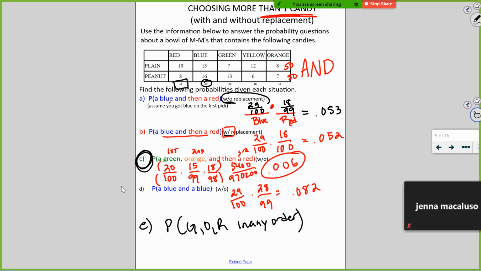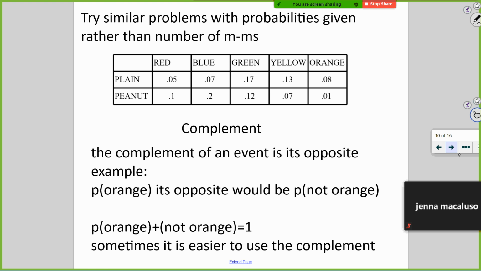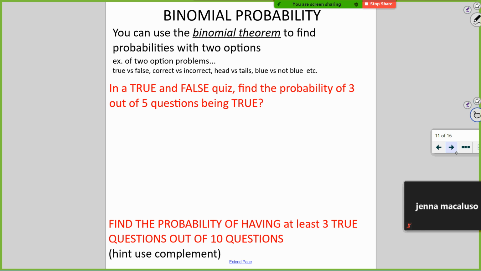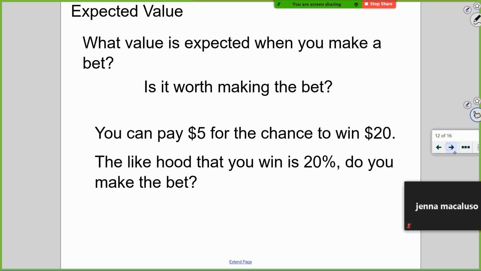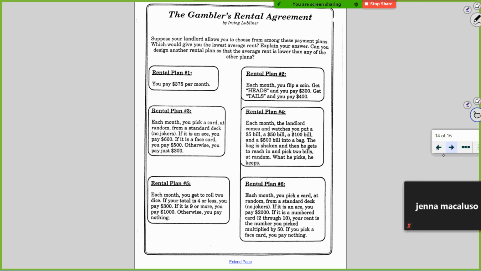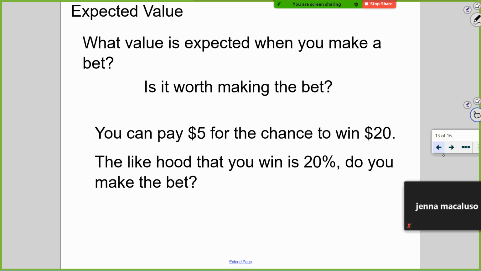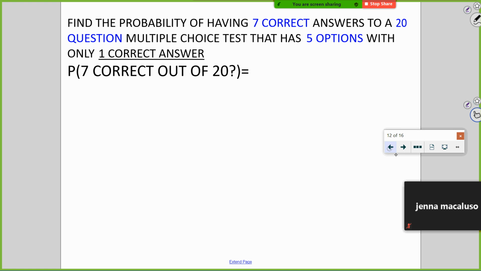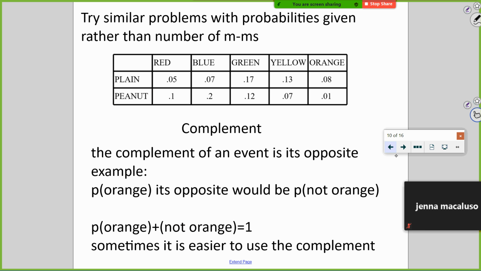No, I didn't, right? So that's what we're going to start with next time, because that's going to bring in our FCPs and our probabilities together. Then we're going to do our complement problem. I haven't decided if we're going to do binomial yet, but we are going to do expected value. So we will only have one more day on this. Then we're going to recap. Then we're going to have a quiz, okay?